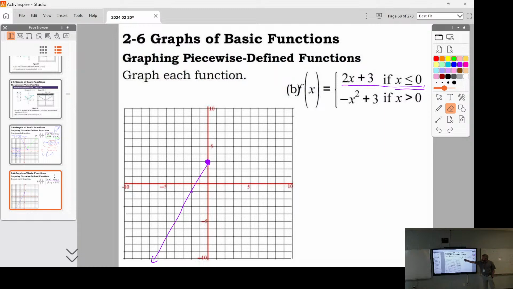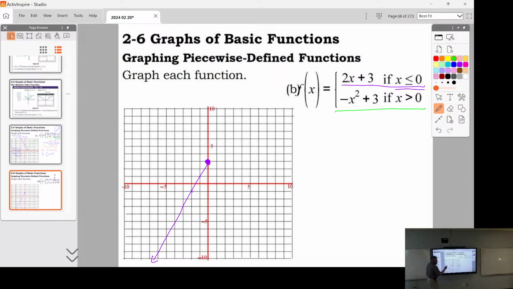Next function, what's it look like? It's a parabola. What else can you tell me about it? Starts at a y value of 3. What else can you tell me? Negative, so it opens down. Perfect.